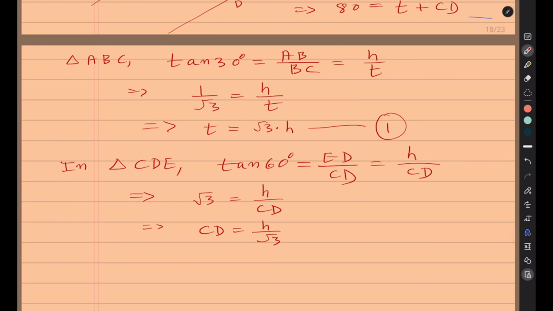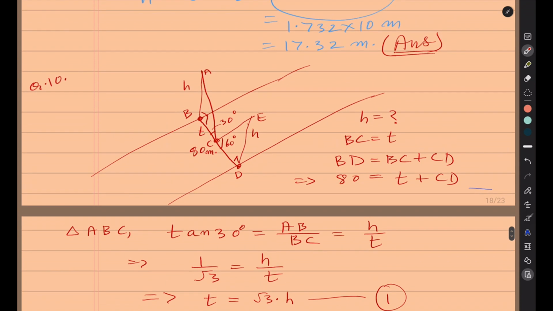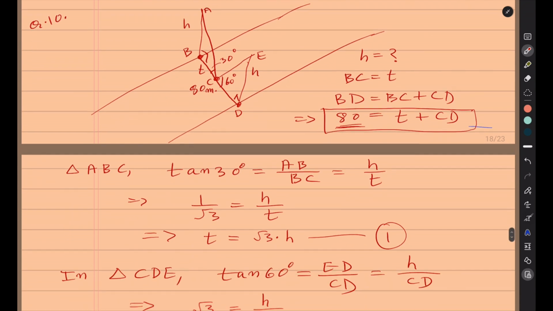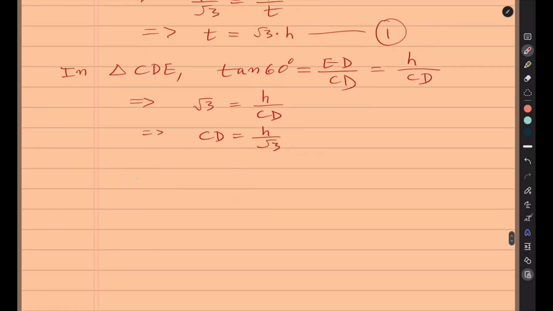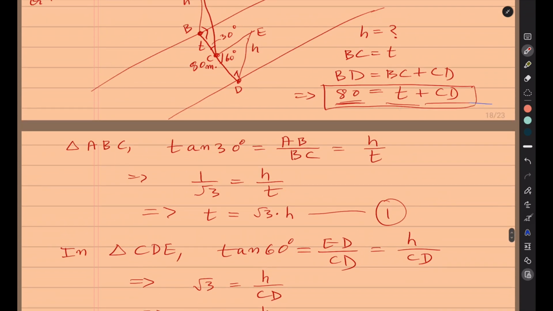But then does it solve our problem? We have found CD in terms of h, but what about t? Yes, we have one more relationship here. 80 meter, which is the width of the road, is equal to t plus CD, and CD we know in terms of h. So let us apply that formula here. 80 is equal to t plus CD.